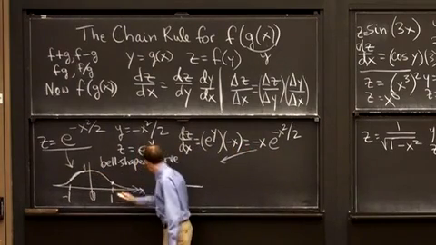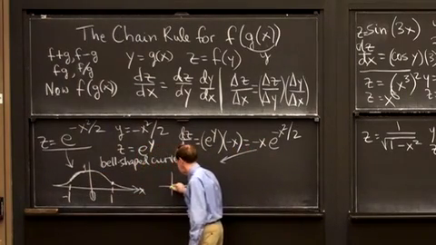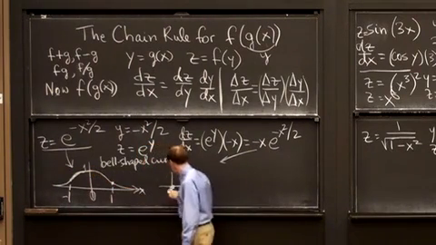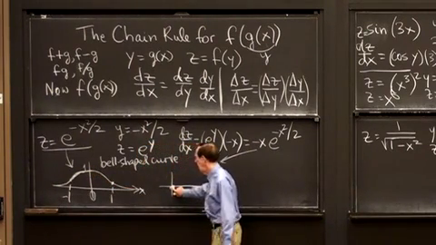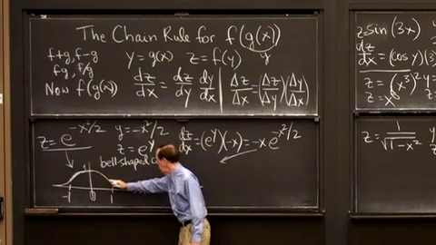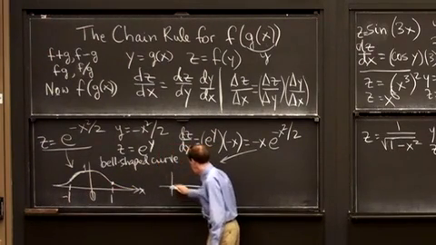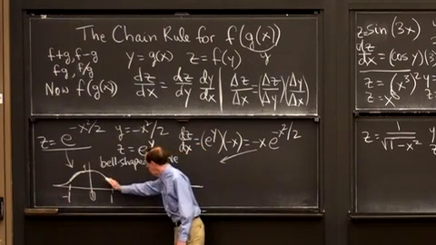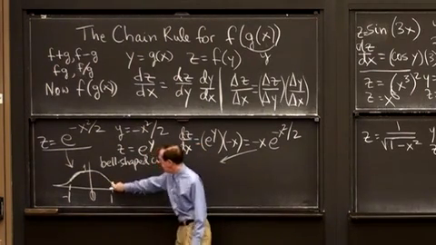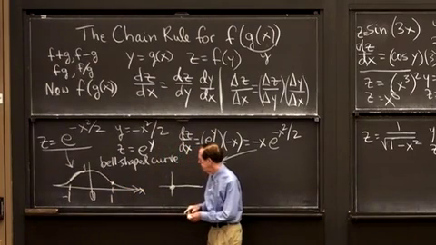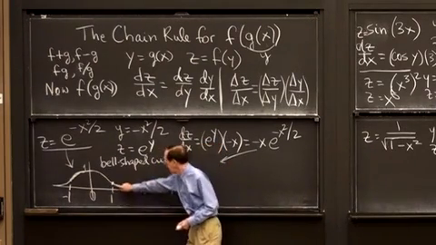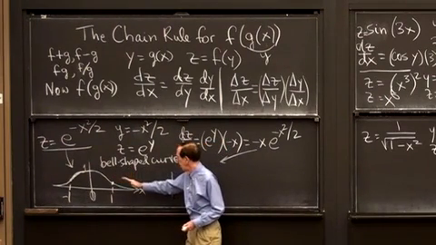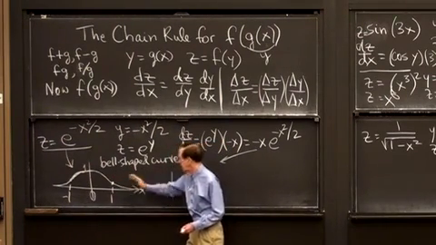Here it starts out, so the slope is 0 there. The slope is becoming more and more negative, maybe up to some point. Actually, I believe it's that point, where the slope then becomes less negative. It's always negative.